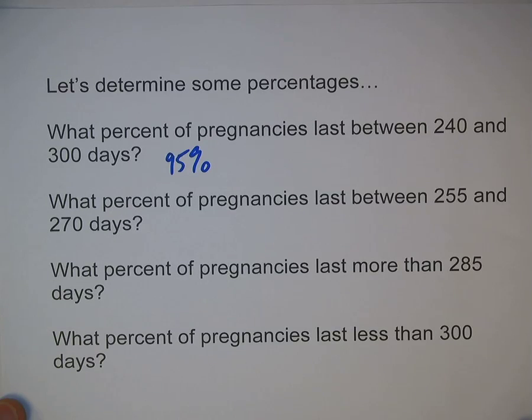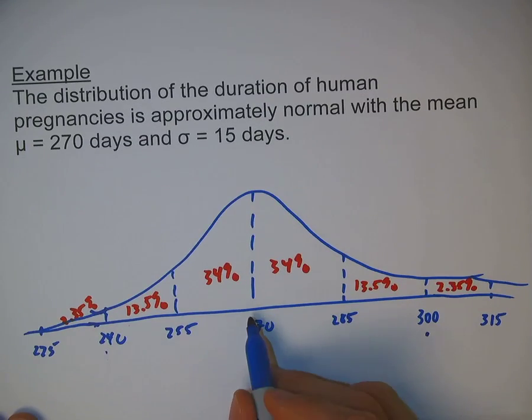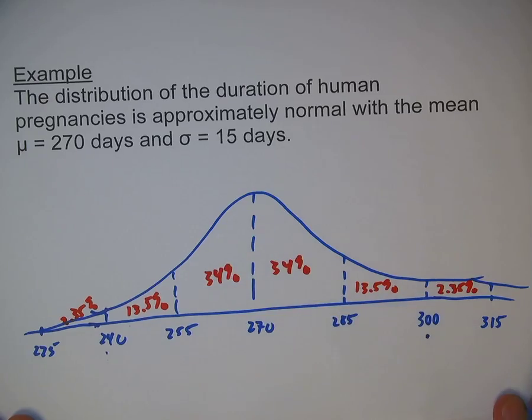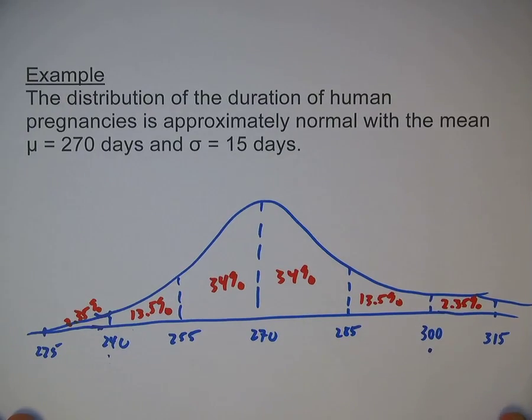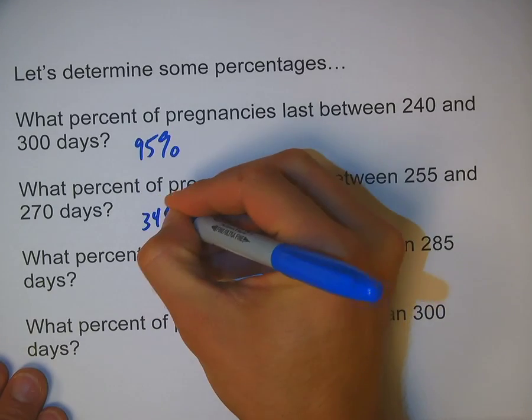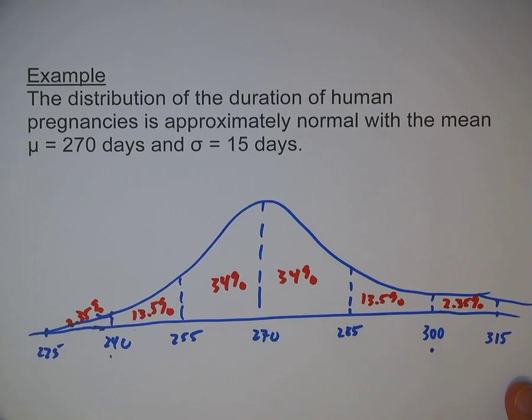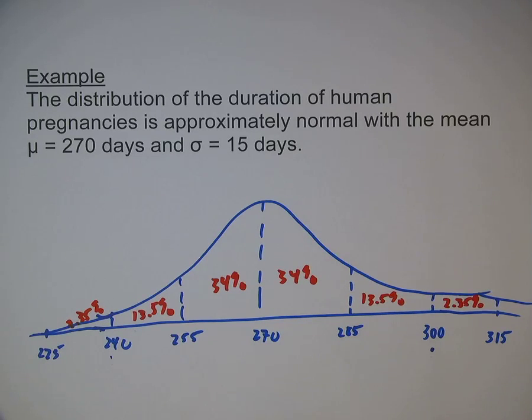Okay, now what percent of pregnancies last between 255 and 270? Okay, again, going back to the picture, between 255 and 270, well, that's pretty easy. That's that 34%. That's the half of the 68. Okay, so that's 34%. What percent of pregnancies last more than 285 days? Okay, so let's check that out. So we want really this region, all of this.